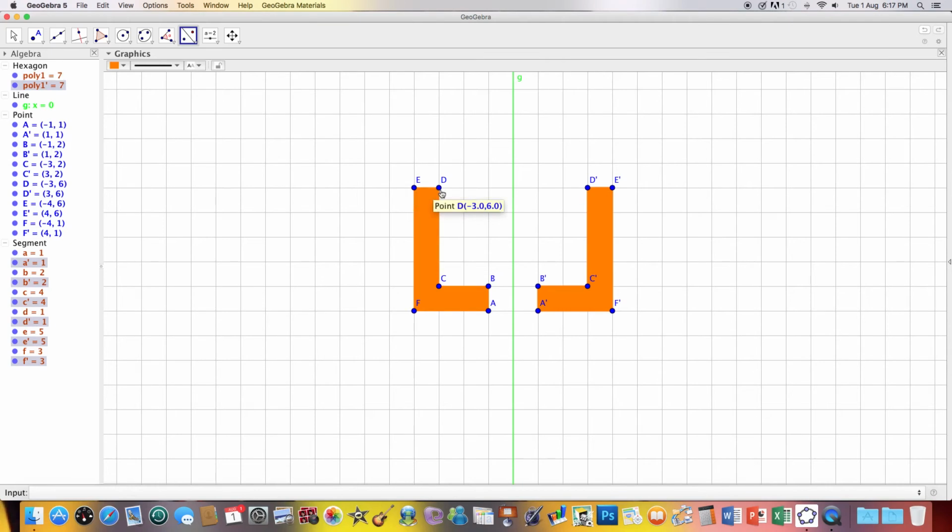So each point in this object ends up being exactly the same distance away from the mirror line when it's reflected to make this image.